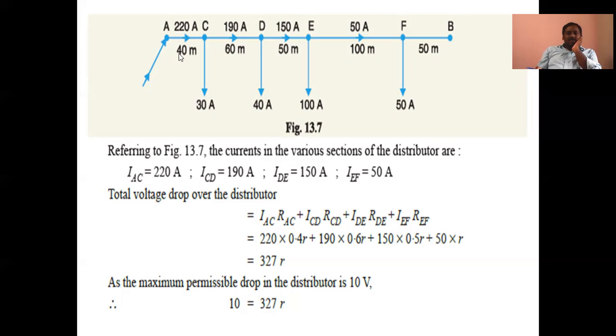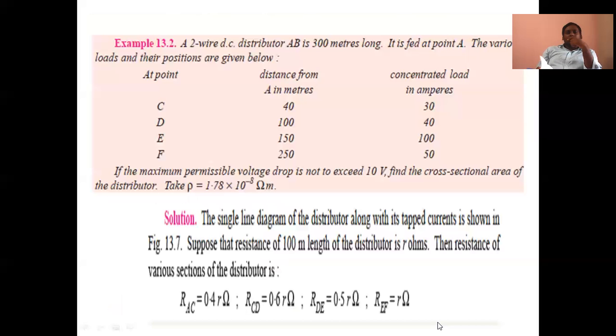Now, IAC, we know, is 220. Then RAC, what about RAC? In this section, resistance is let r, small r. We will multiply with the per meter length. Resistance per meter length we will substitute as in the previous problem. Resistance per meter length means here totally 300 meters.